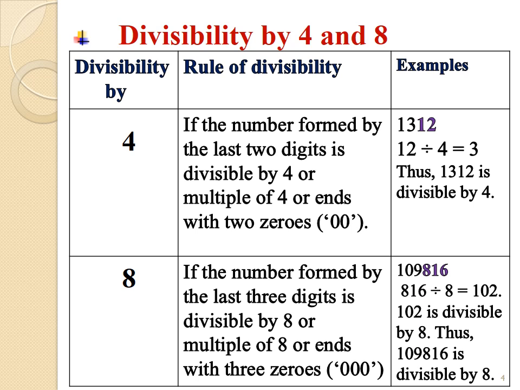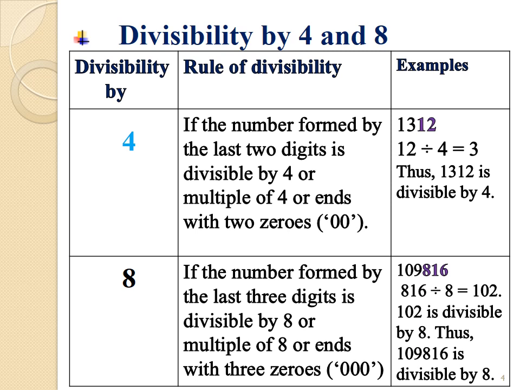Divisibility by 4 and 8. Divisibility by 4. A number is divisible by 4 if its last two digits are either zeros or the number formed by them is divisible by 4. For example, 1312.